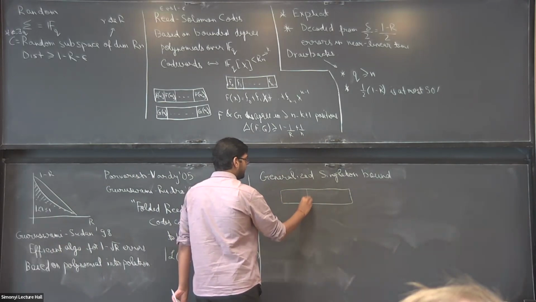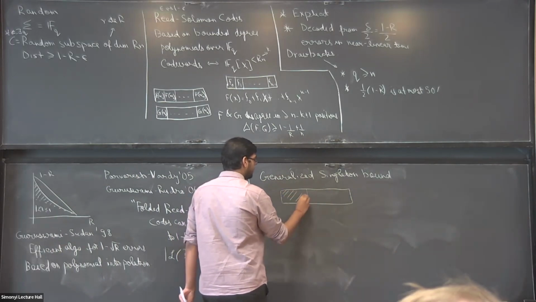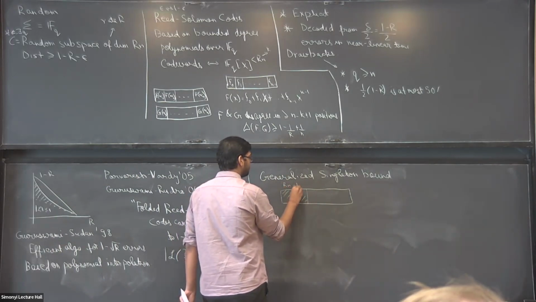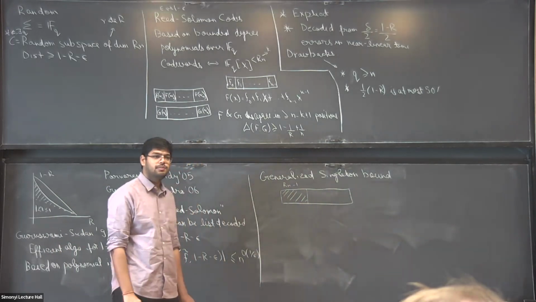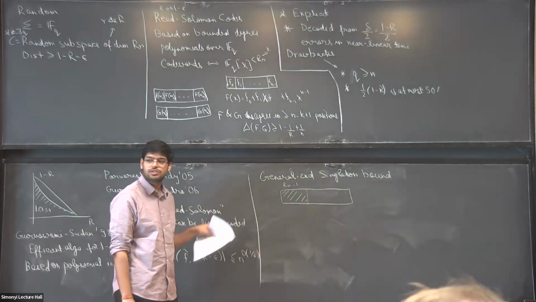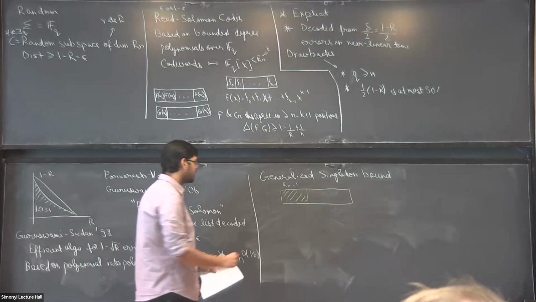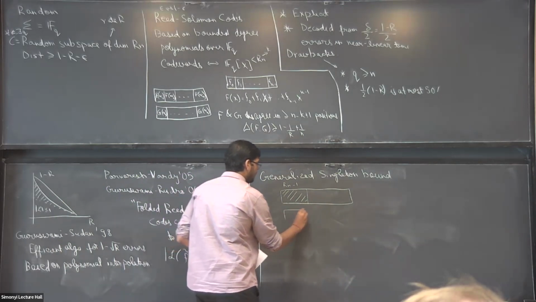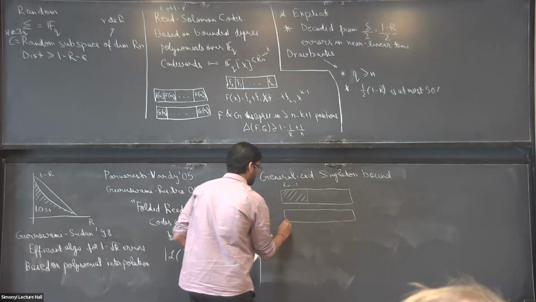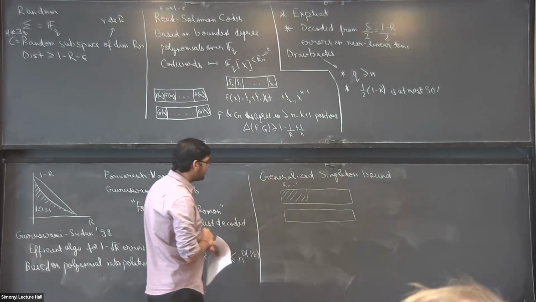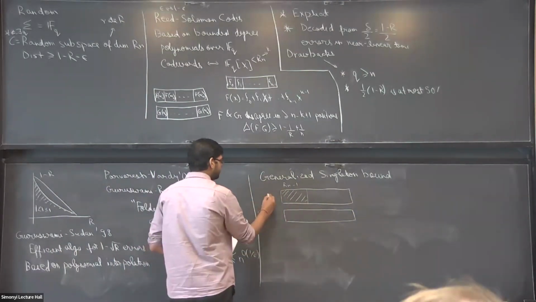So remember, we said that look at a rate R code, maybe Rn minus 1 first coordinates. And there are a bunch of code words that must agree in this position by pigeonhole. And we did this argument using 2, F and G.